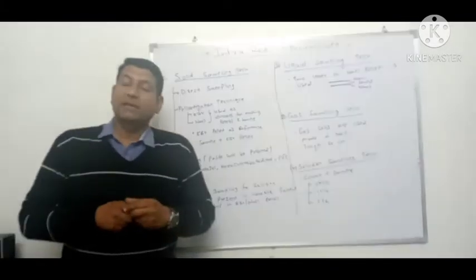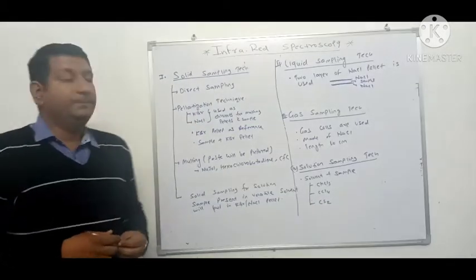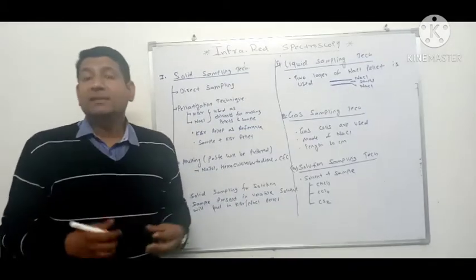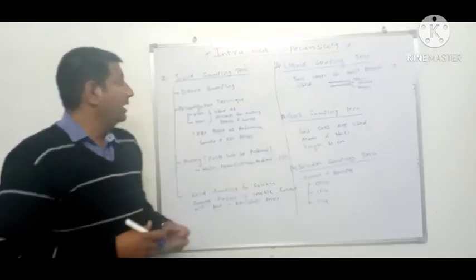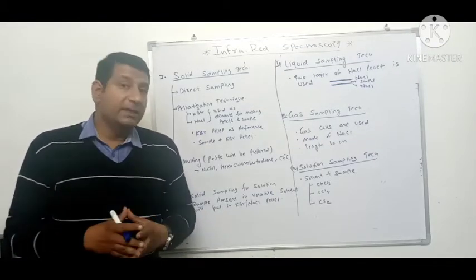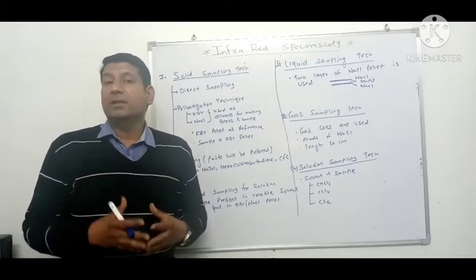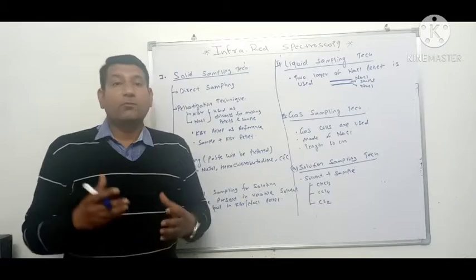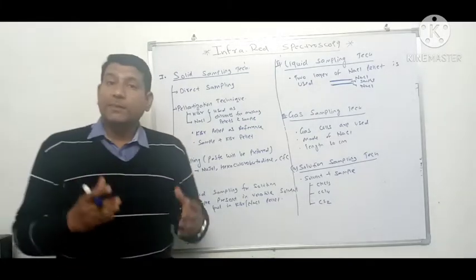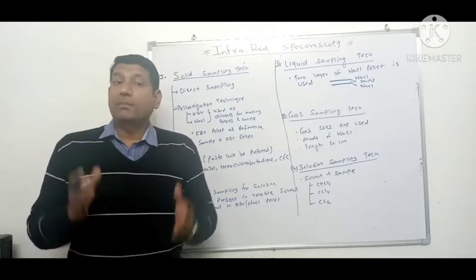Now let us discuss each technique in detail. First, the solid sampling technique. It is very common and routinely used in IR spectrophotometers. The instrument used for detecting IR radiation is known as an IR spectrophotometer, and these are supplied with a part known as sample holders.